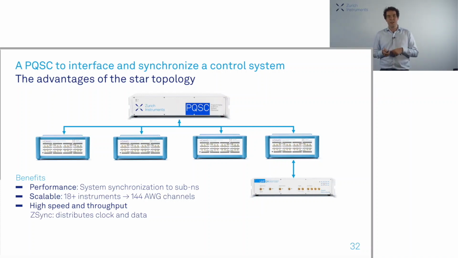In addition, the single link between each AWG and the central controller really maximizes the data transfer rate between the instruments and helps to distribute the clock and the data to the full system without loss of performance. That's in strong contrast, for example, to a daisy chain topology where you add a jitter with every additional instrument that you have, and you reduce your bandwidth.